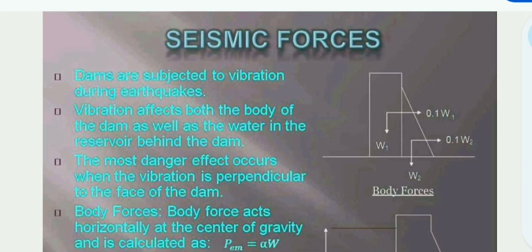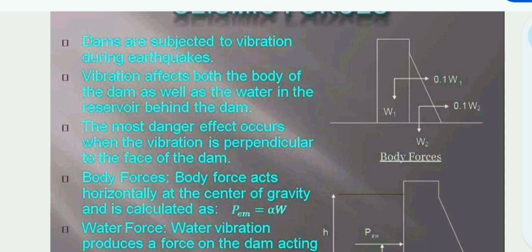Seismic forces. Dams are subjected to vibration during earthquakes. Vibration affects both the body of the dam as well as the water in the reservoir behind it. The most dangerous effect occurs when the vibration is perpendicular to the face of the dam.